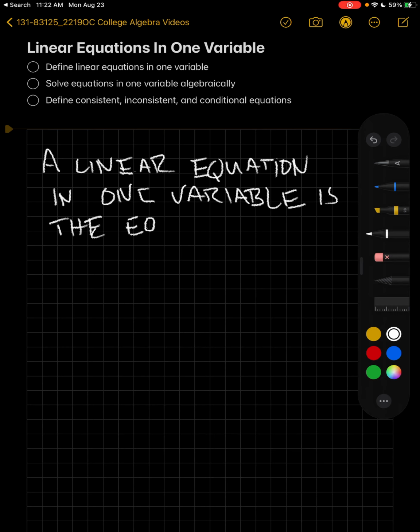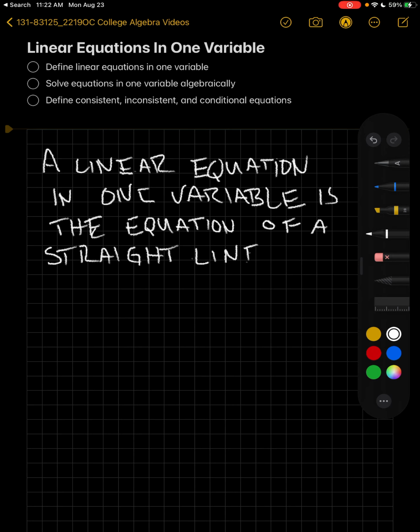When you graph this kind of equation, you get a straight line. And it has a few characteristics that can help you determine just by looking at it that it's a linear equation in one variable. We'll go through that. So this is a nice little definition. Linear equation in one variable. And I'm going to give you guys some examples.